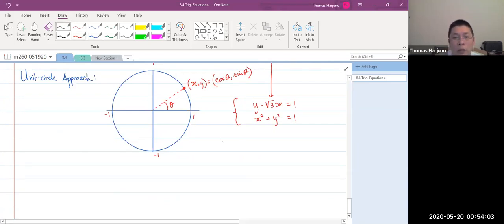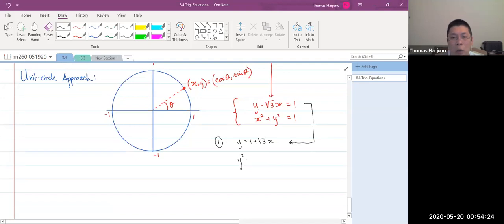Now then, for the first equation, I will rewrite it as y equals 1 plus radical 3 x. And let me square both sides.